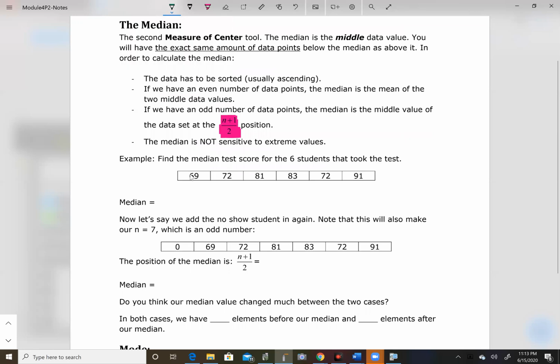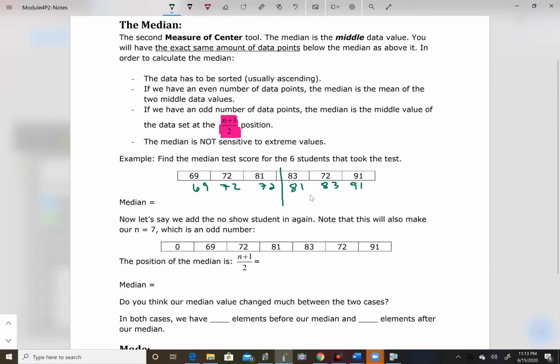If we look at this set of test data, first let's put them in order: 69, 72, 72 again, 81, 83, 91.